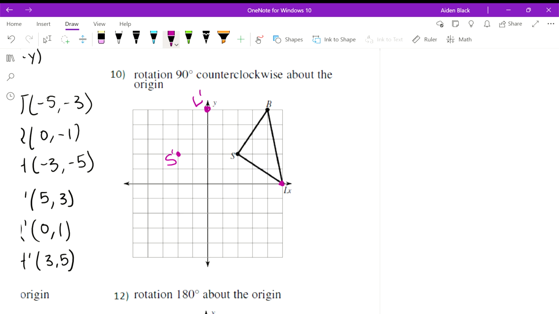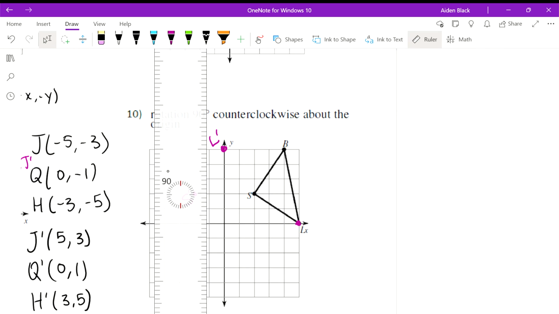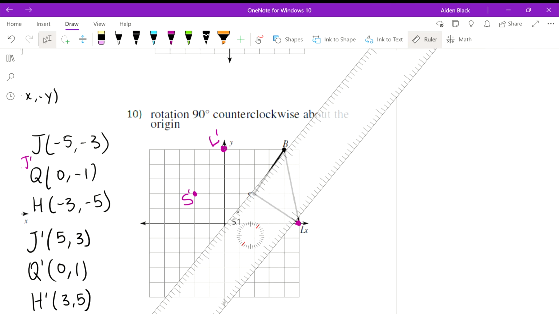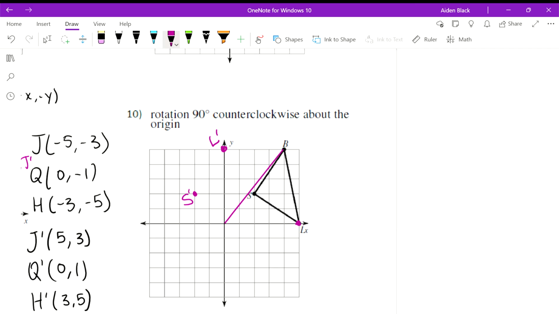Finally, B, we can do the same thing. 1, 2, 3, 4. 1, 2, 3, 4, 5. So rise over run, 5 over 4. So we know that our line that's perpendicular must be negative 4/5.